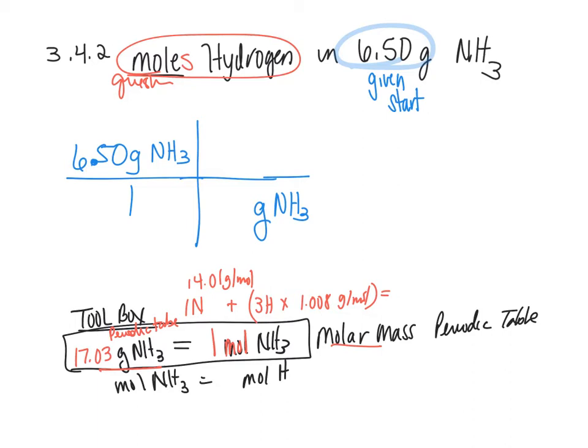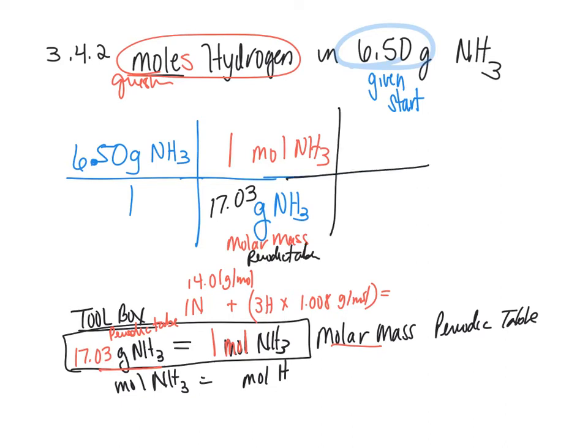Okay, so you can go from grams of ammonia to mole of ammonia, and whenever that's molar mass, 1 will always go with mole, and then that you had to calculate on the periodic table. Now we have to have another one. We don't want mole of ammonia, it asks for mole of hydrogen.